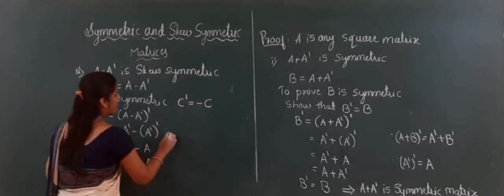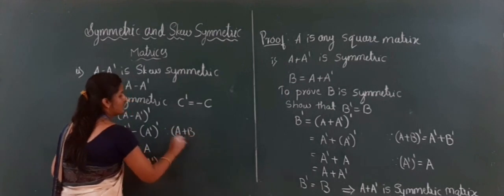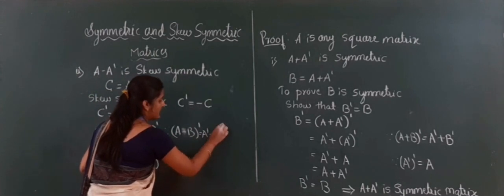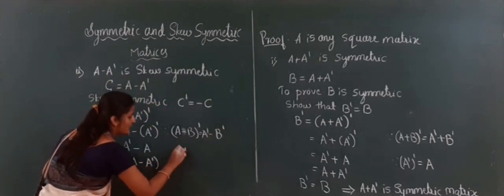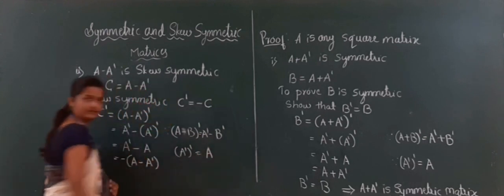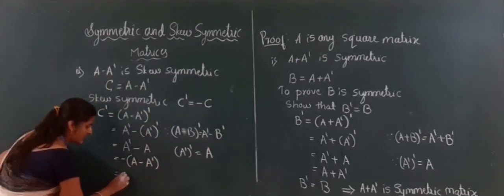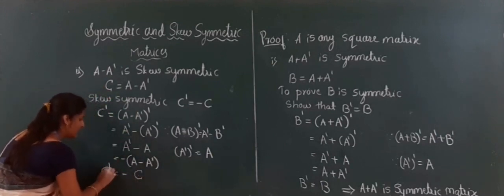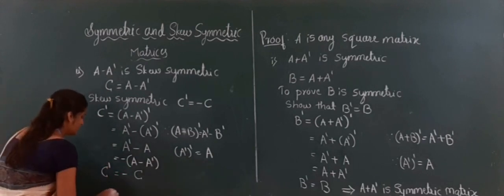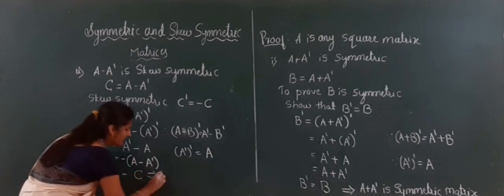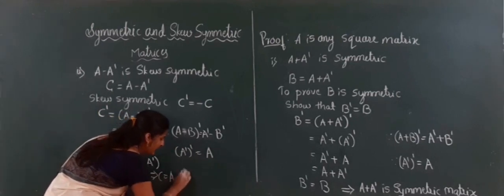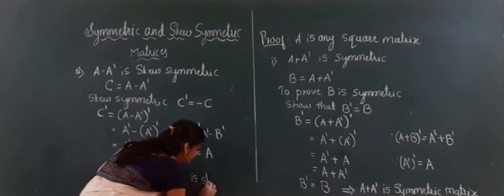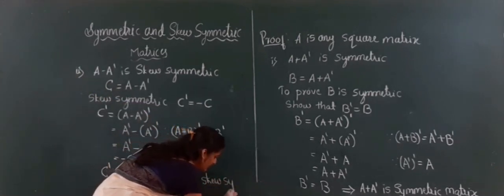Here please write the properties which we have. So, A minus B transpose is equal to A transpose minus B transpose, and here A transpose is equal to A. Next, minus, what is A minus A dash? That is C. C transpose is equal to minus C. Hence, this implies that C, that is A minus A dash, is a skew symmetric matrix.